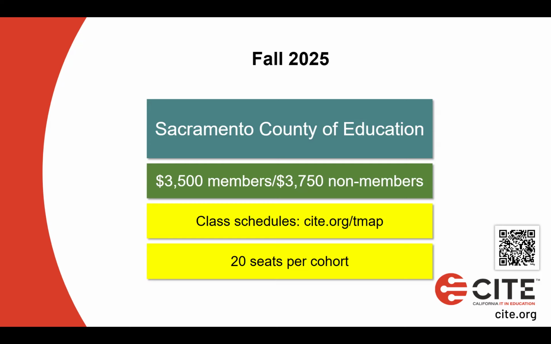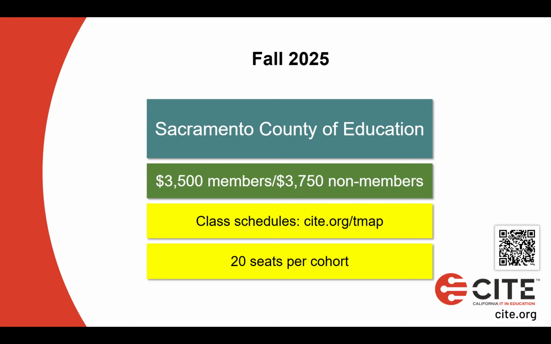I acknowledge that $3,500 is an investment in yourself and in your LEA, in your career development. We highly recommend you consult with your district's HR or bargaining unit to see if there are professional learning funds available for your participation.